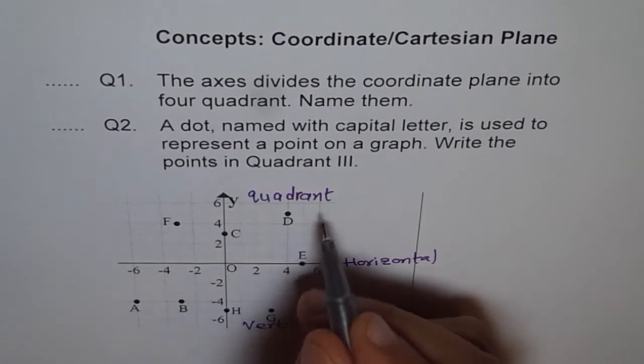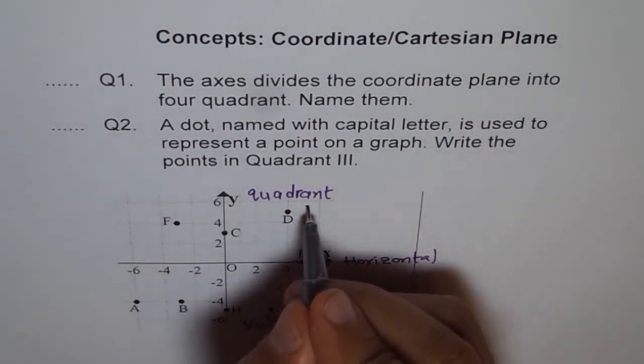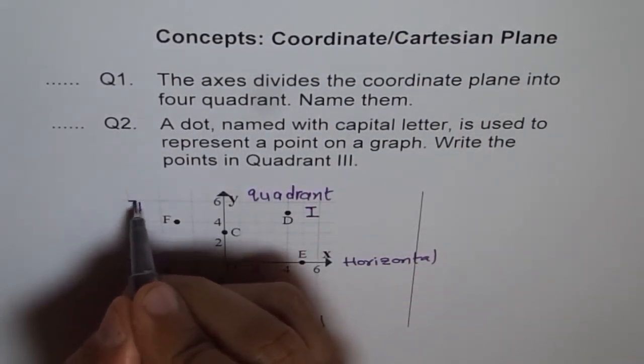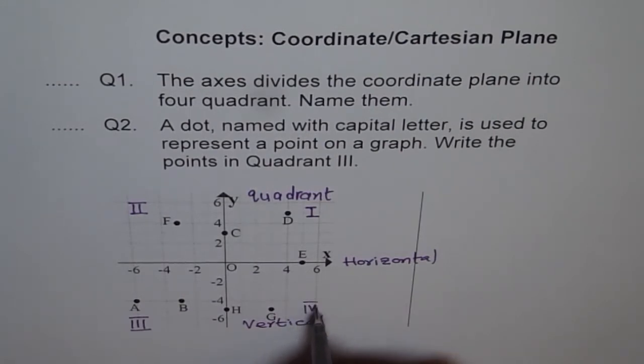This rightmost quadrant is numbered as I. I'll write I here, II here, III here, and IV here. These are the 4 quadrants into which the x-axis and y-axis divide our plane.